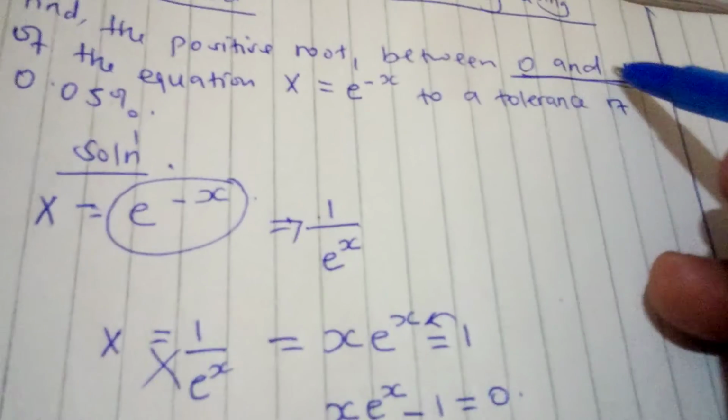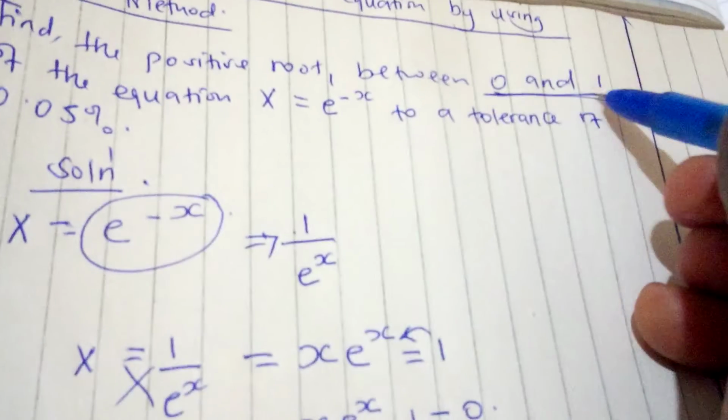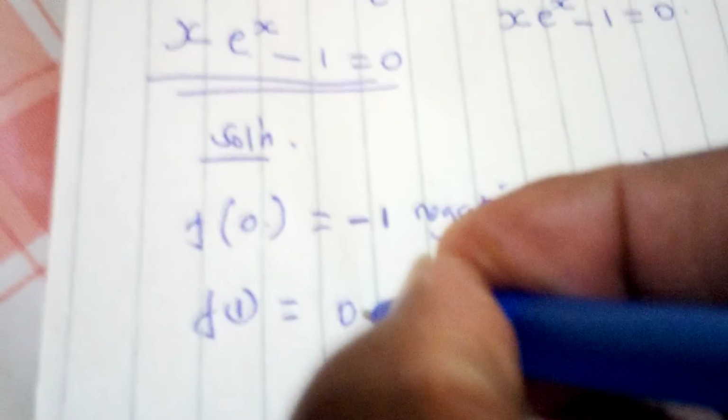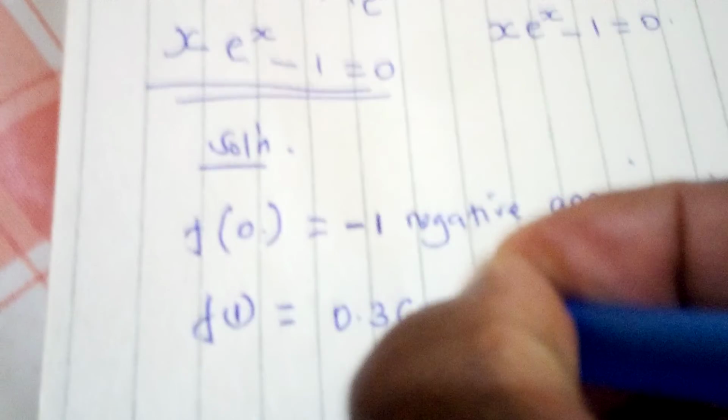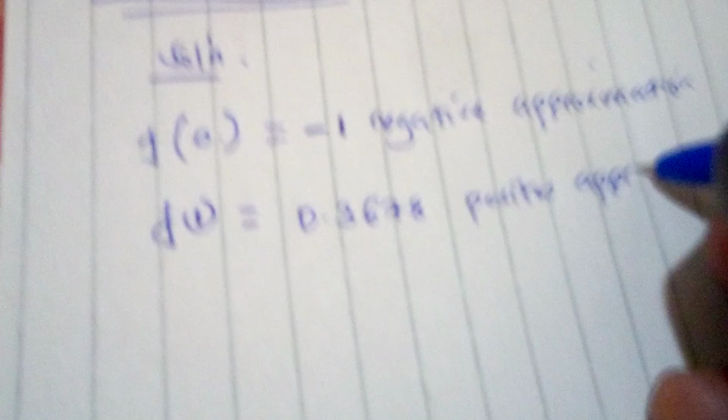Replacing 1, when we replace 1 into our equation above, the answer will be positive 0.3678, which is a positive approximation.